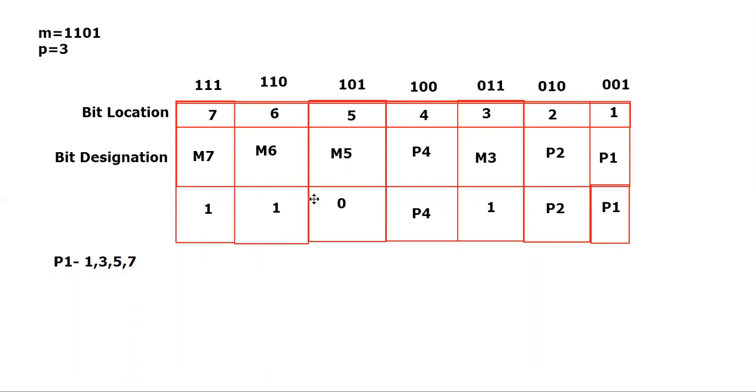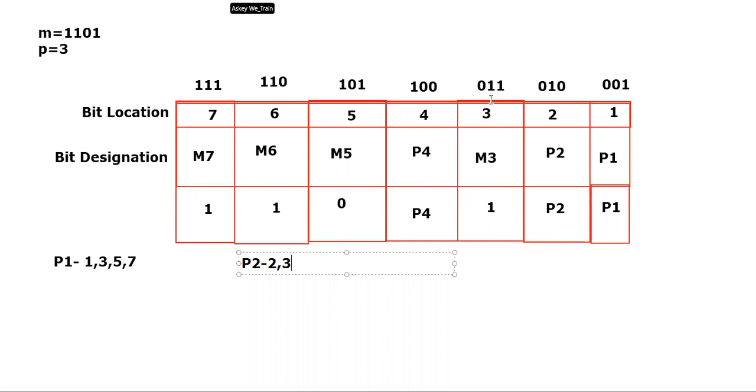So let us do the same operation with respect to P2. For P2, you have to consider the second bit. For P1, consider the first bit from LSB. For P2, consider the second bit from LSB, right? So for P2, this doesn't have a second bit as 1, and here you have a second bit as 1, so that is 2, comma, and in the value 3 you have a bit position.